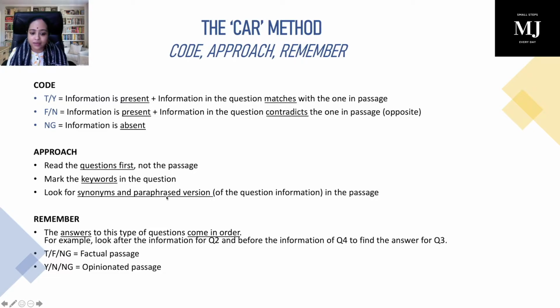So it is just written in some other words, that's it. Okay? So the question information and the passage information either should match or should be opposite in nature. If it is absent, that means not given. So if you just remember this code approach method, you can never go wrong. Okay? So let's begin and see how it works.